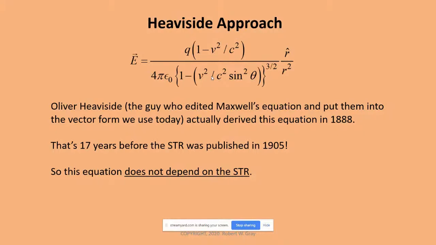That's 17 years before the special theory of relativity was published. So as Bill has derived, and now further in my reading, Heaviside has derived this equation from Maxwell's equations without using all the assumptions of the special theory of relativity, because that special theory of relativity was not around in 1888.